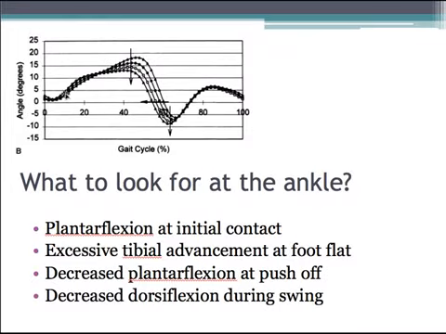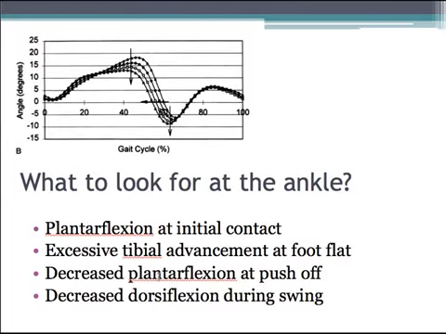After weight acceptance, they have to have a gradual tibial advancement, but it can't be too fast or it will interfere with the ability of the femur to progress the trunk. Excessive tibial advancement at foot flat or thereafter can also be a problem clinically. We also saw the rapid plantar flexion that's important for push-off.